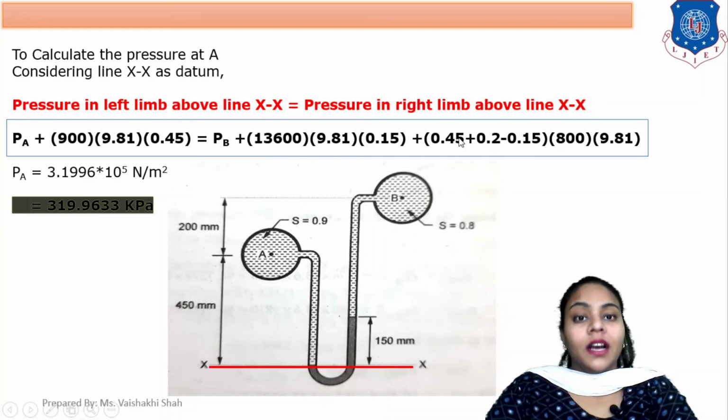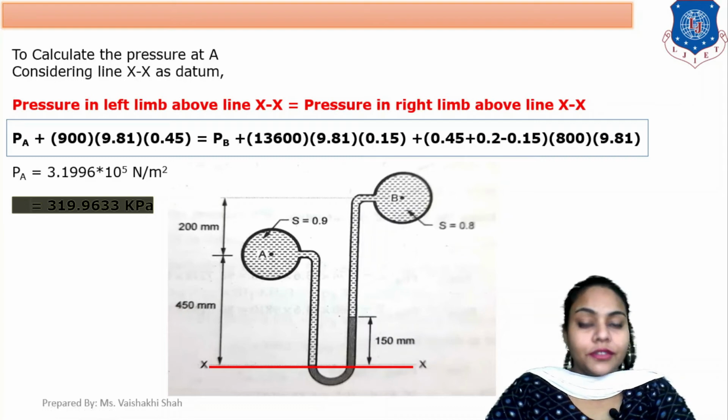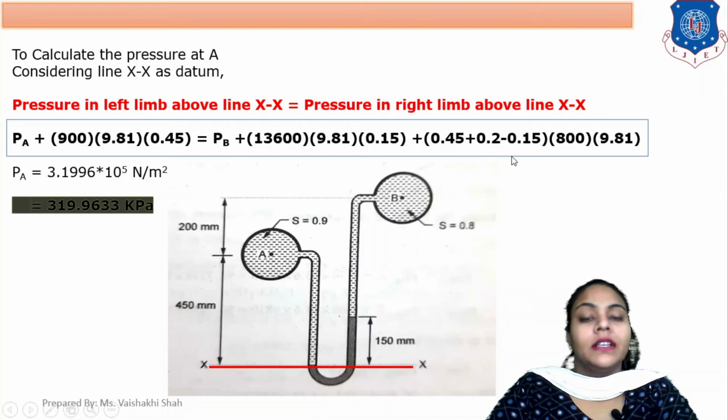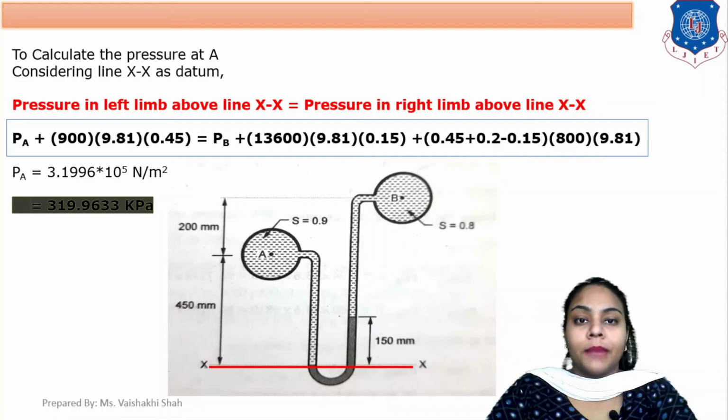So here rho 3 g h3, where rho is 800, g is 9.81, and the height is 0.45 plus 0.2 minus 0.15, that is the height of fluid in pipe B.